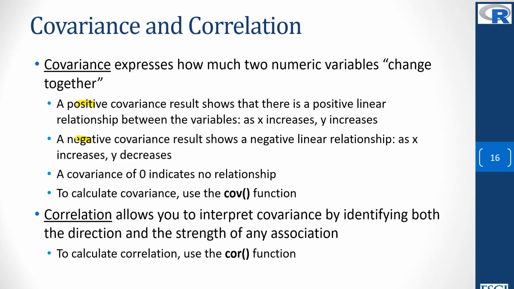There's a negative covariance where the x variable increases and the y variable decreases. And then a covariance of 0 indicates that there's no relationship. Now you'll get different numeric values for this. You're really just looking at the positive, negative, or 0 result. To get a measure of the strength of the relationship, that's where we use correlation. So R gives us this COV function for covariance, and then a COR function for correlation.